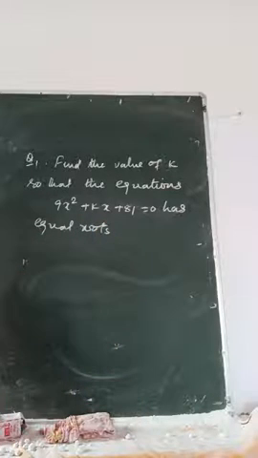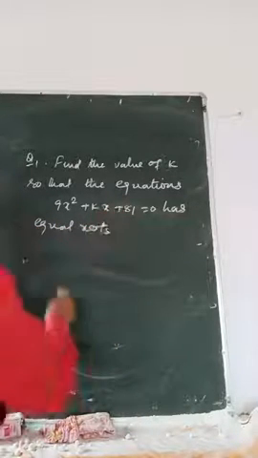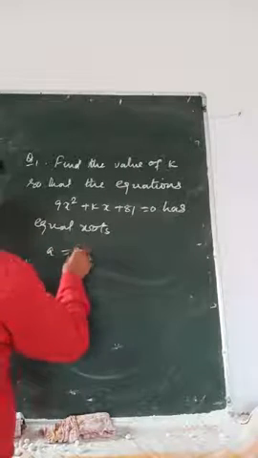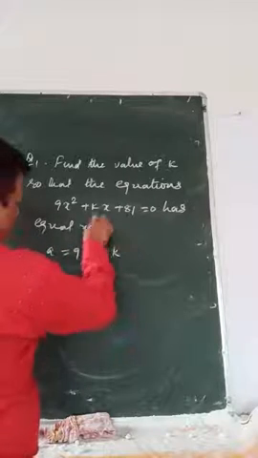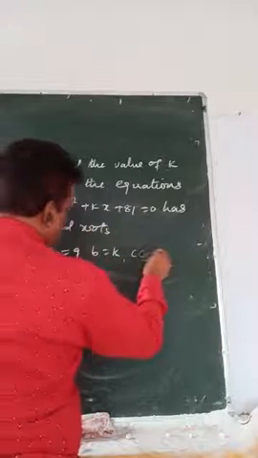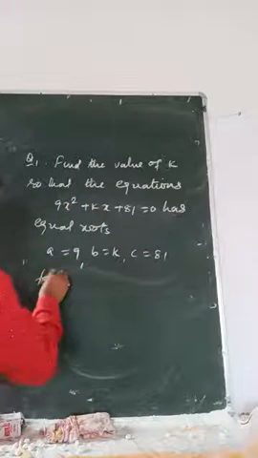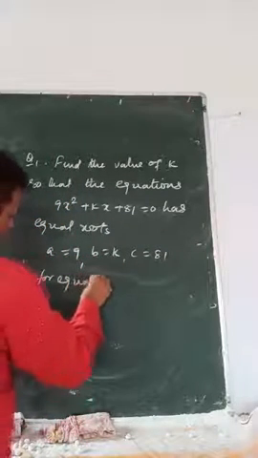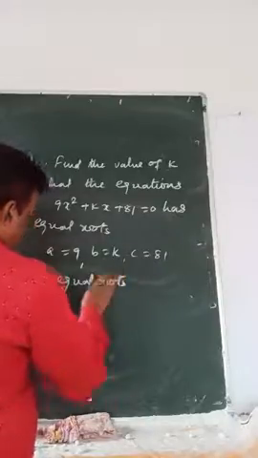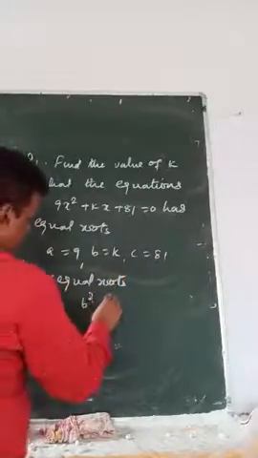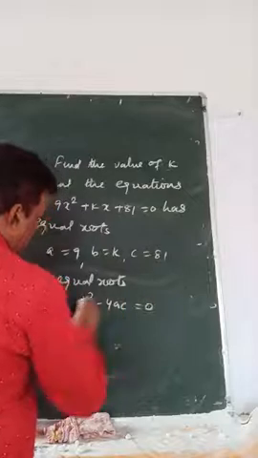Okay, so to find ABC, what is A? 9. What is B? k. What is C? 81. So for equal roots, B square minus 4AC equals to 0.